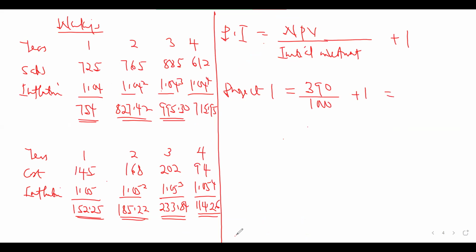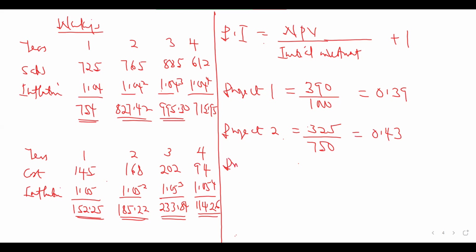This gives us 0.39. Project 2: the NPV 325 divided by 750. What are we getting? 0.43.